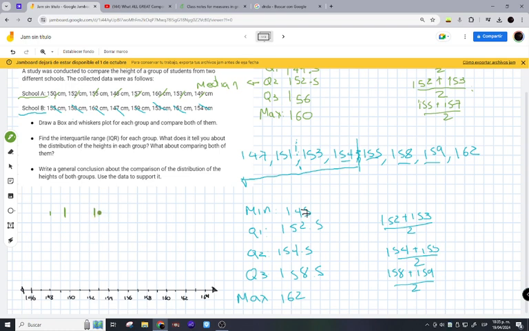In your paper you will have like the chance to do it even more accurately. Q3 156, and maximum 160. Exactly. So remember, the line doesn't cross the whole thing. It only goes from the point, the edge of this whisker on the edge of the box.